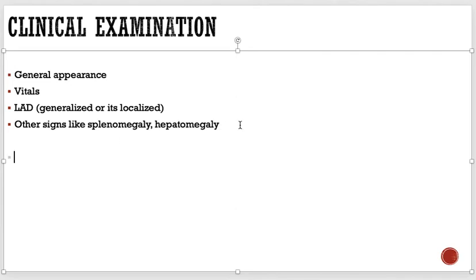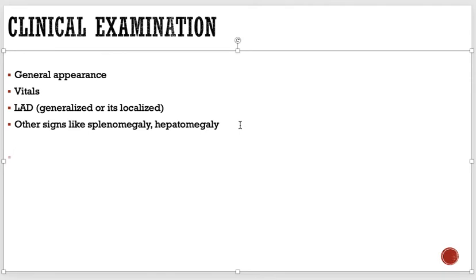Now, in examination, one very important thing, guys, is to understand how to examine that particular part, for example, whether it's localized or generalized. Whenever we examine any lump, there are many mnemonics again. We check the site, size, and surface. We check the color. We check the consistency. We check whether it is fixed to the underlying structures.